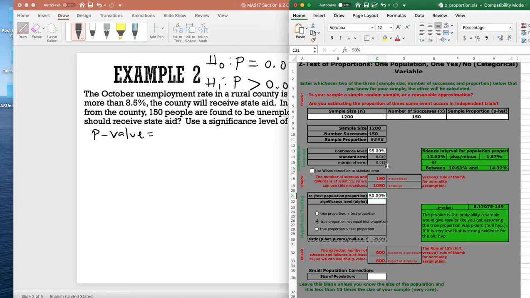We want the target proportion to be 8.5%. Significance level is 5%. And we want this to be a greater than proportion. So because of this, we see we have our z statistic of 4.97.